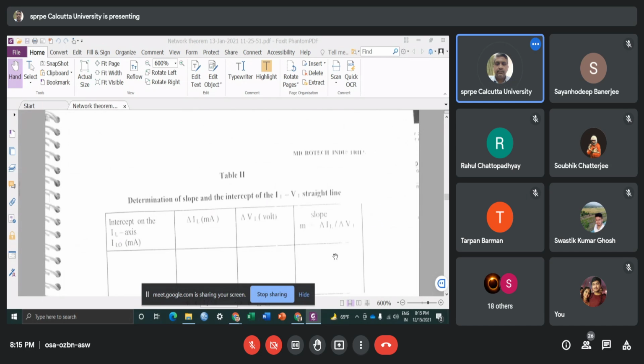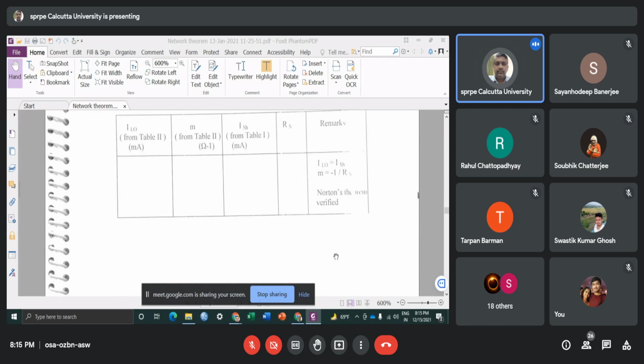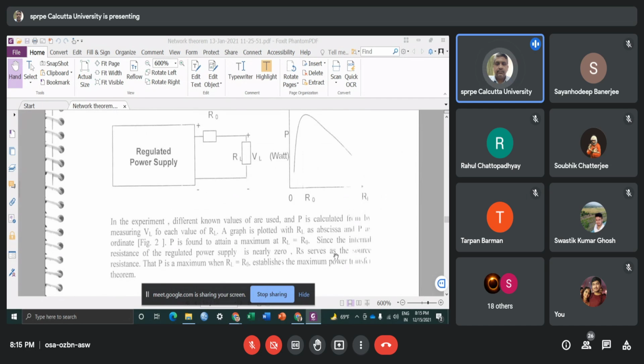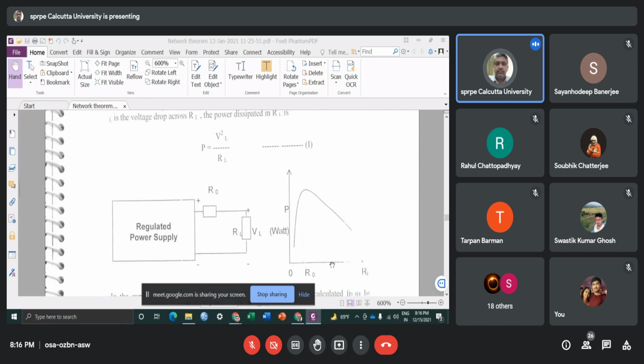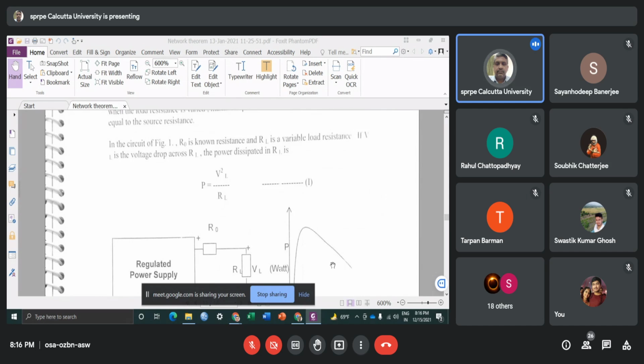Now the next part of this experiment is the maximum power transfer theorem. It is a resistive circuit. The circuit will be shown on the experimental board. You know that if the load resistance is varied, the maximum power will be absorbed.